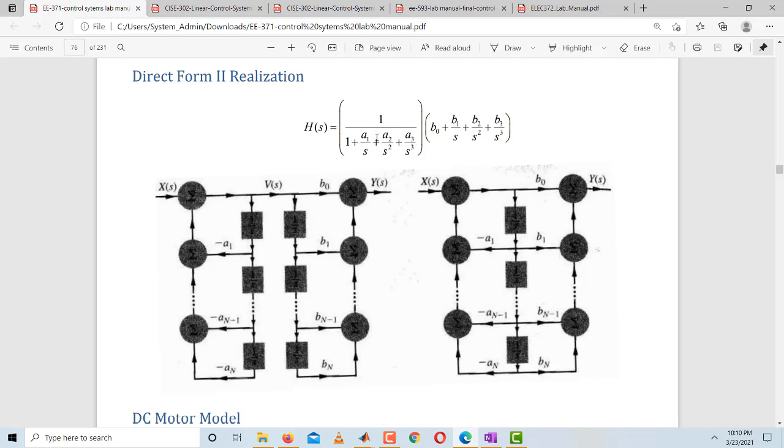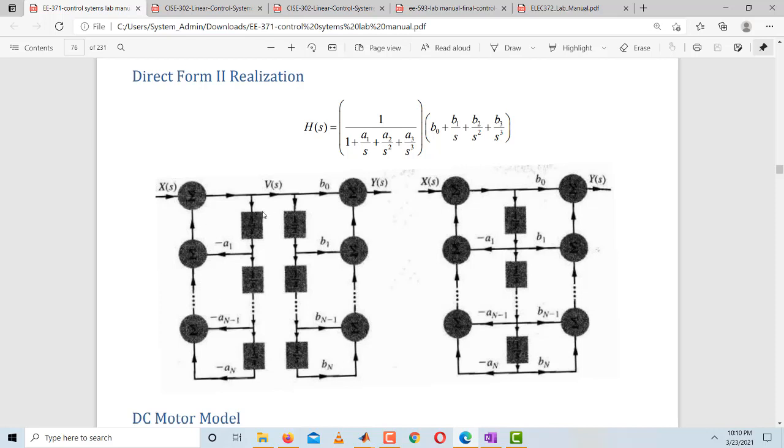Then we have a1 over s, it means that we have to use an integrator block, that is 1 by s, and multiply it with minus a1 because it is in the feedback system, and then add this into the previous result. Similarly, pass it through another integrator block to make it 1 by s square and multiply it with minus a2, and you can increase it up to the order that you have in any given transfer function.